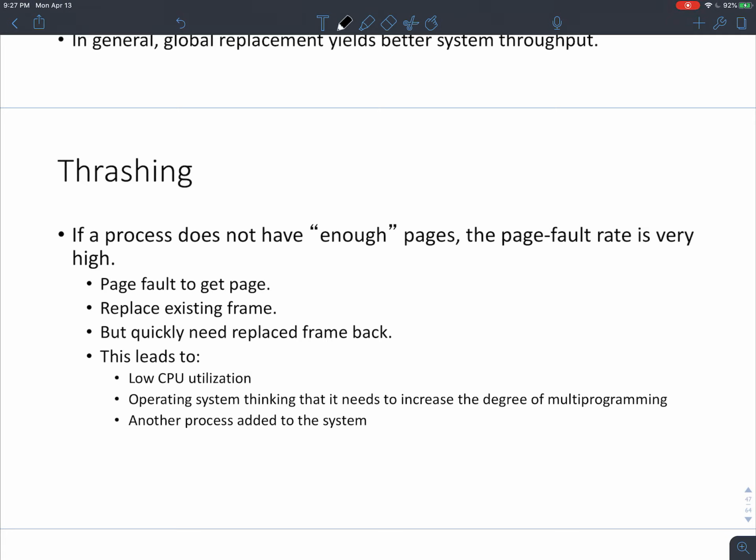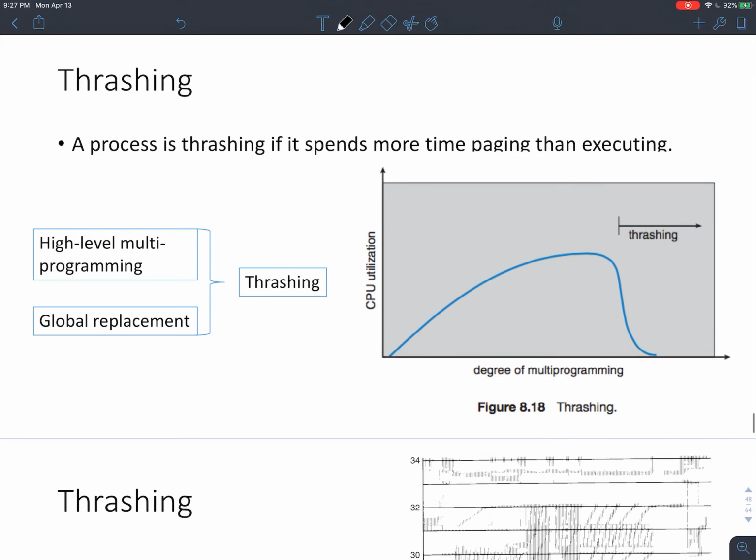The other phenomenon with regard to the page replacement algorithms is called thrashing. Thrashing means this: if you only allocate a very small amount of frames to a certain process, then the page fault rate can be extremely high.